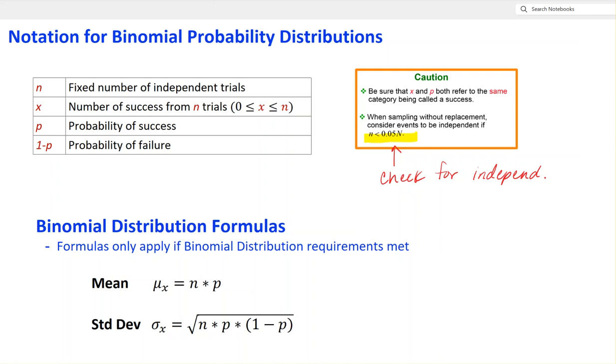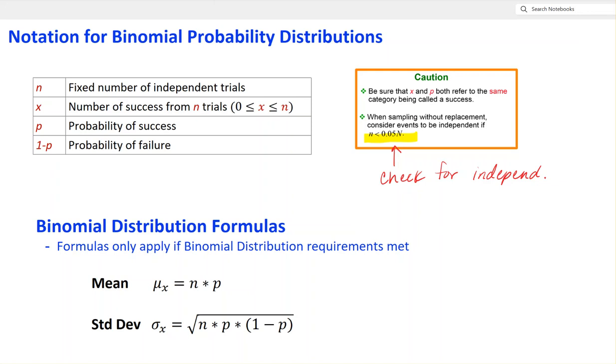More often than not, that criteria is indeed met, that your sample size is less than 5% of your population, but now we have some sort of mathematical formula to numerically show, sure enough, I can check that my samples are independent, that my experiments are independent of each other. So that's a little bit of information about the notation.